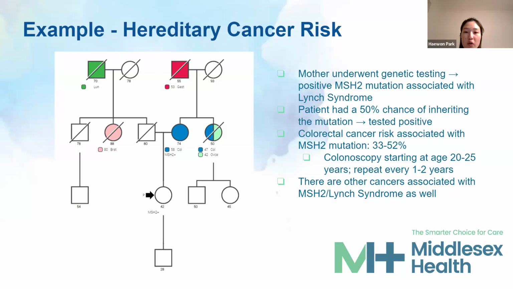So our patient is shown here with a black arrow next to it, and she was seen because of her family history. Her mother was diagnosed with colon cancer at age 58, and her mother's sister was also diagnosed with colon cancer at 47, as well as ovarian cancer at 42. And their mother's father had stomach cancer at 53.